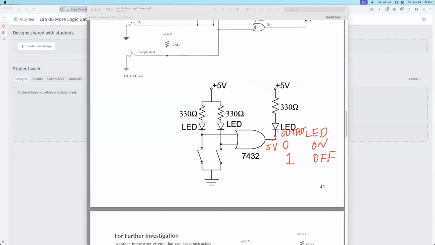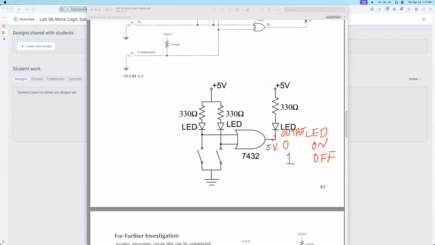Then we will also use the multimeter to measure the voltage at the output side. For the input side, if the switch is open, this point is the high voltage, so input is 1 and the LED is off. Then switch closed, this point connects to the ground, so input is 0 and the LED is on.